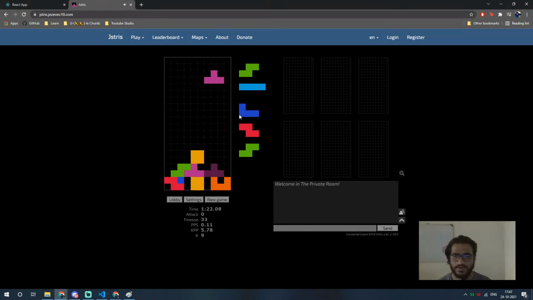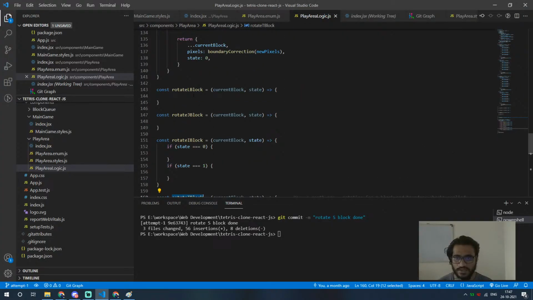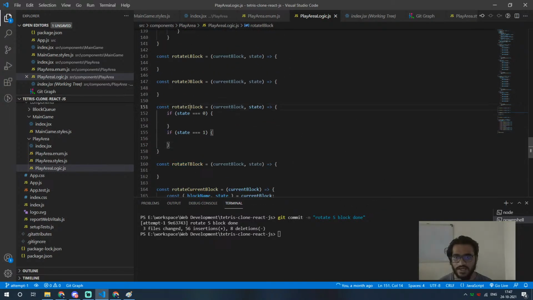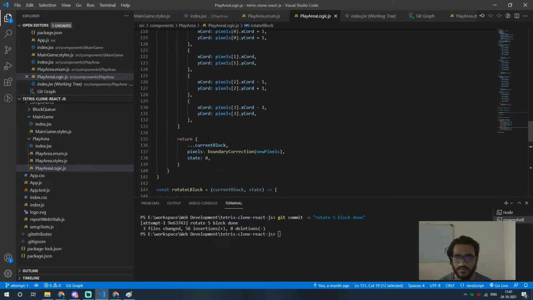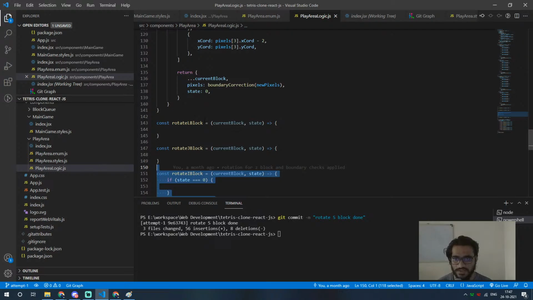In T block we have 1, 2, 3, 4 states, right? So the L block, J block and T block have 4 states, and I block, S block and Z block have 2 states. So let's just work on I block first.